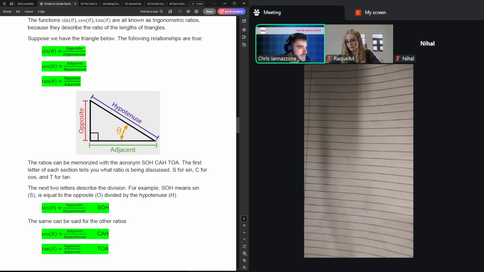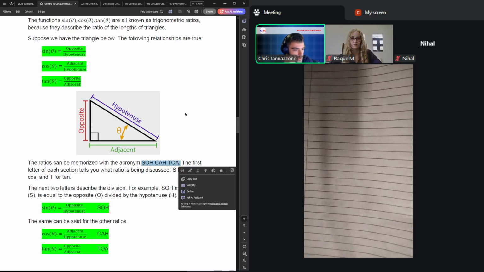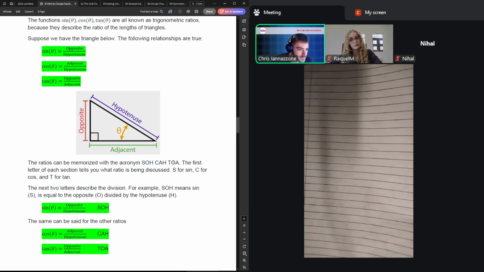As far as how you relate that back to your sine, cos, and tan, they are just the ratios of those different side lengths, one divided by the other. And the memorization that I'm sure all of you have come across would be SOHCAHTOA. Essentially, you've got it separated into 3 separate little acronyms. The first letter of each stands for the trig ratio that's being discussed.